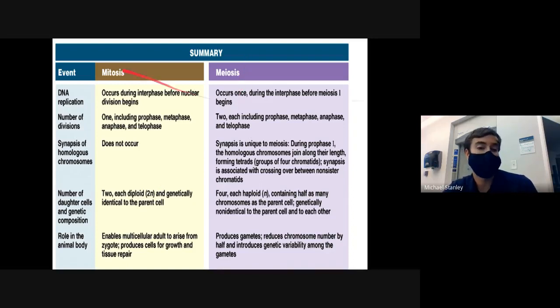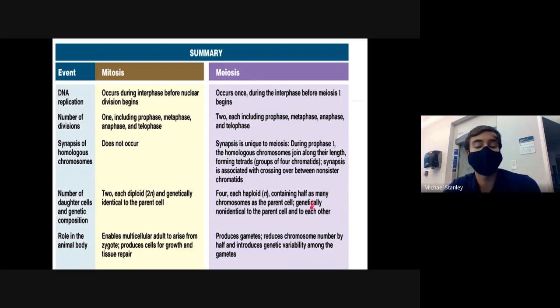In meiosis, okay, so remember, mitosis is 2. M-I-T-O-S-I-S, two, 2 new cells. Meiosis, we don't get 2, we get 4 cells. Each of these 4 cells is haploid. It only has 1 copy of each chromosome.